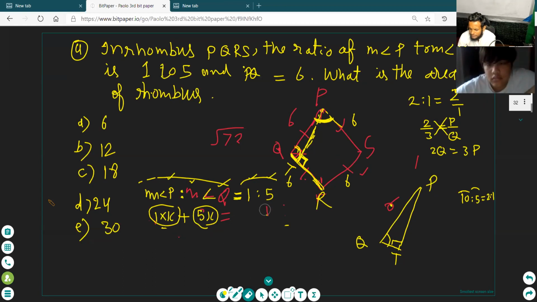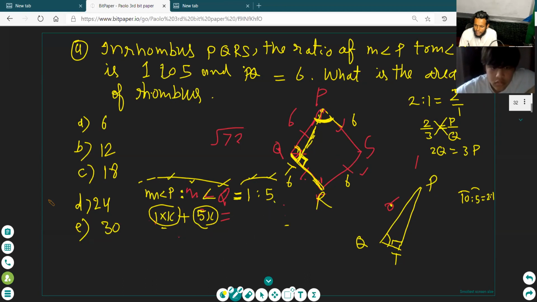Follow, see it. You should add these two supplementary angles. When we have supplementary angles, the addition of two supplementary angles is equal to 180 degrees. Remember this. The measure of angle P is equal to 1x, their ratio is 1 and 5, and the measure of angle Q is equal to 5x.